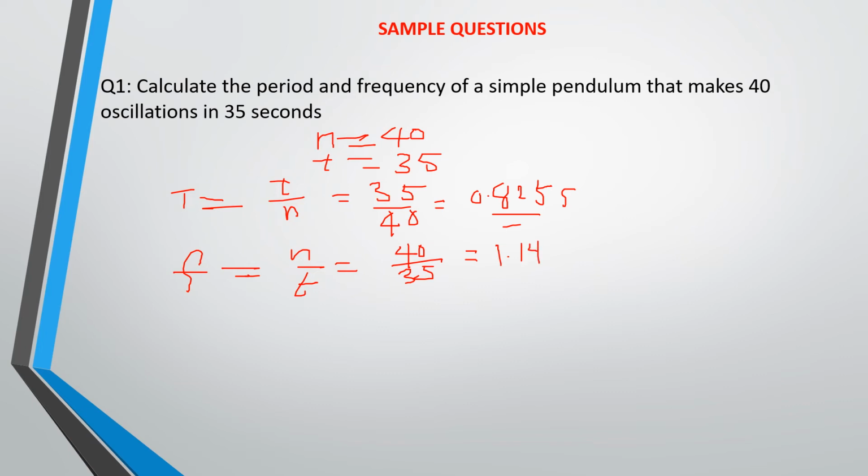If you solve that, 1.14 hertz. Either you put it in hertz or per second. So this is the period for this pendulum, and this is the frequency for this pendulum. So this is how to apply these equations.